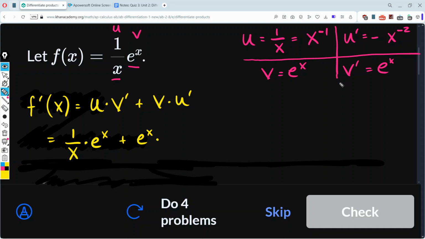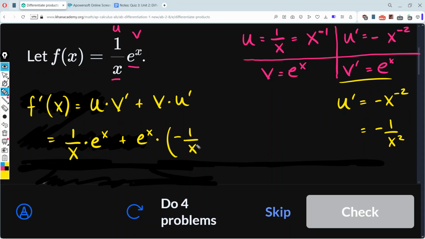All right, let me rewrite that just as well. U prime is negative x to the negative 2, but that is the equivalent of negative 1 over x squared. Okay, like I said, try to get rid of negative exponents if you have multiple choices. All right, so u prime right here is negative 1 over x squared.